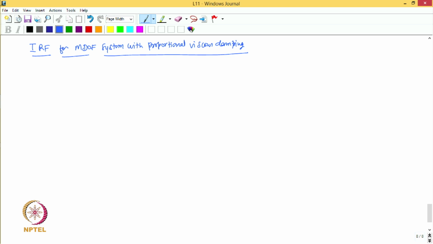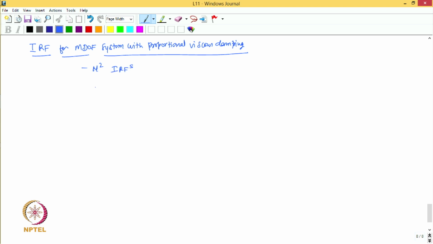For that, we have n degrees of freedom. The forces can be applied at any of these n degrees of freedom, and the response can be measured at any of these n degrees of freedom. Therefore, there are n square number of IRFs that can be defined.